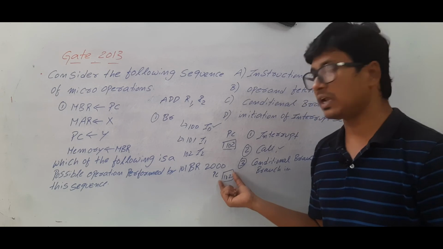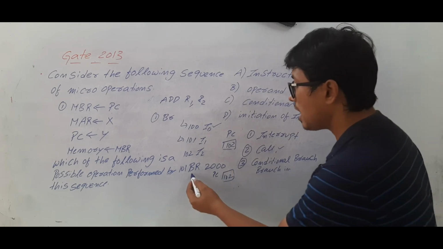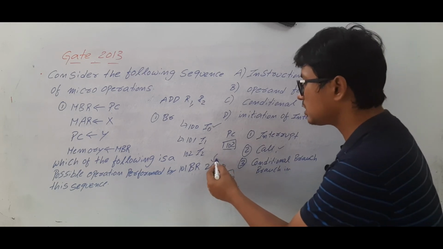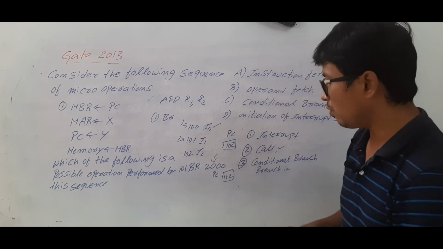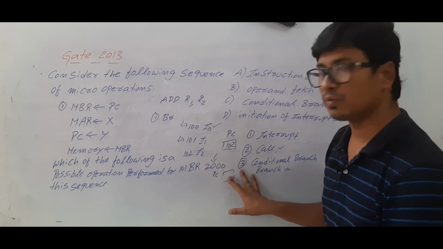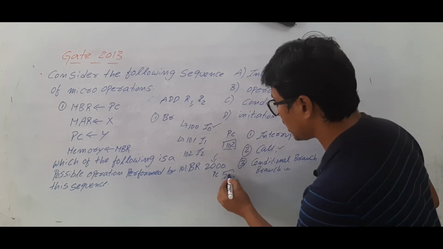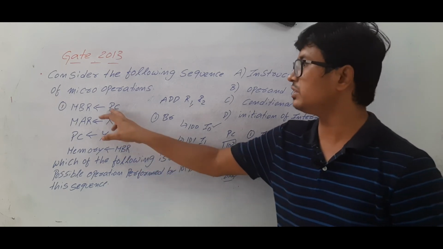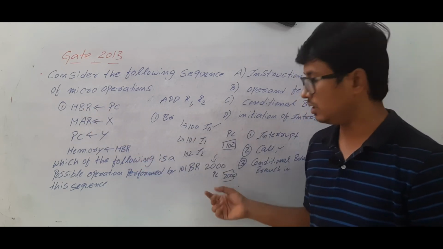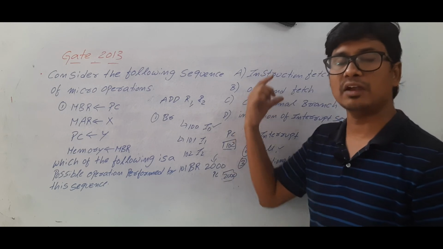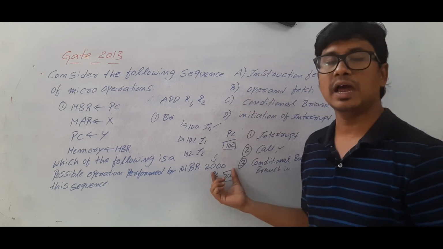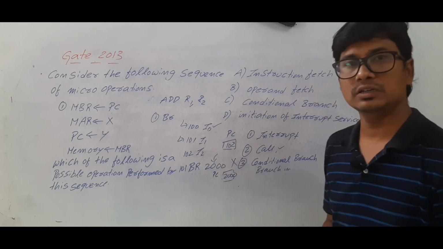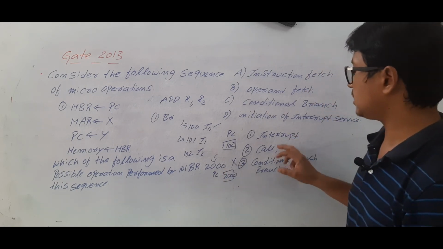But as it is an unconditional branch instruction, BR 2000, this 2000 is the target address. So you will remove 102 and the program counter will have the address 2000. In this case, you are not saving the value in the program counter. You are just modifying it and fetching the instruction at address location 2000. So it cannot be a conditional branch. It can be either an interrupt or a call.